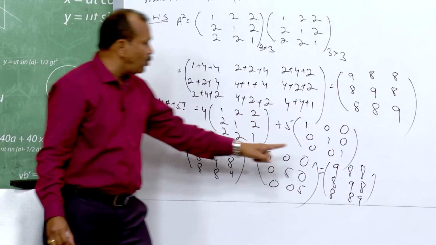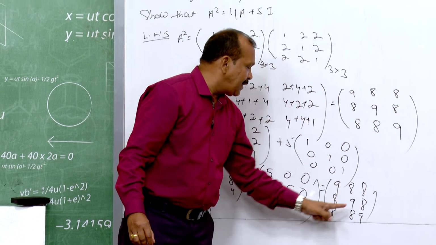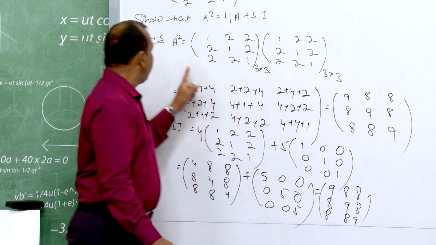So 4A plus 5I is equal to 9 8 8, 8 9 8, 8 8 9.